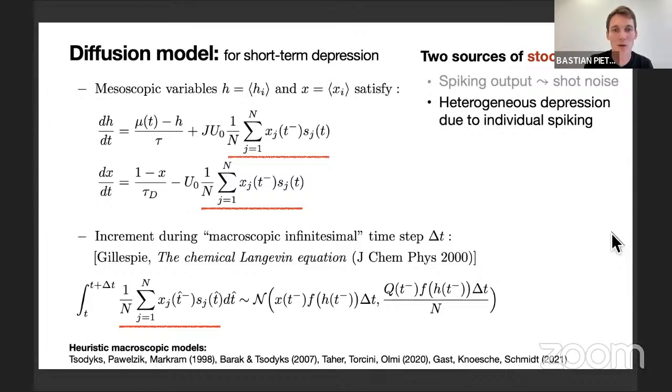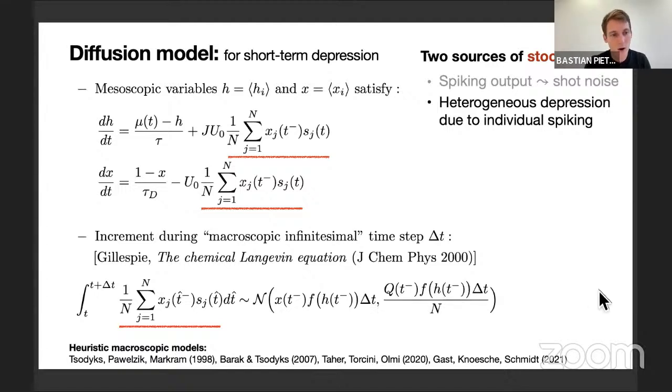these sums, to replace them by mesoscopic variables, is to make use of a chemical Langevin equation. So we have a look at this integral down here, and the increment during a macroscopic infinitesimal time step in the limit when we have a lot of neurons. This term here can be described by a Gaussian with mean and variance.